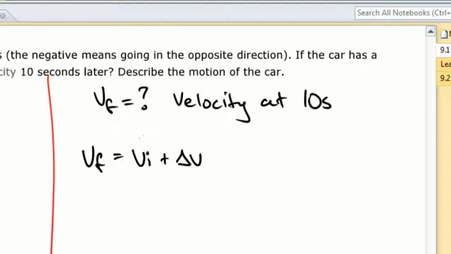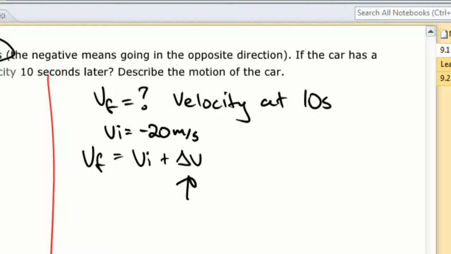I know my initial velocity. That's given in the question. It says the initial velocity is 20. So the initial velocity, maybe I'll fit that in here, VI is negative 20 meters per second.